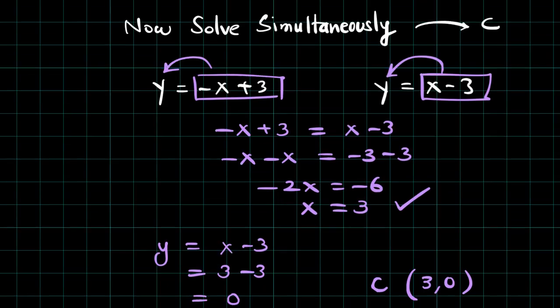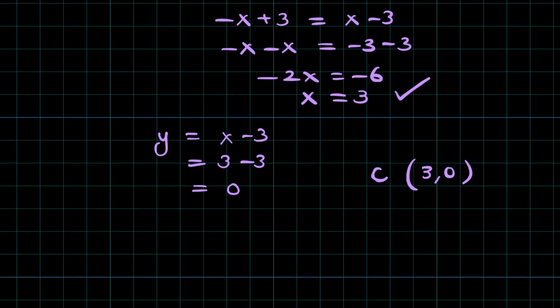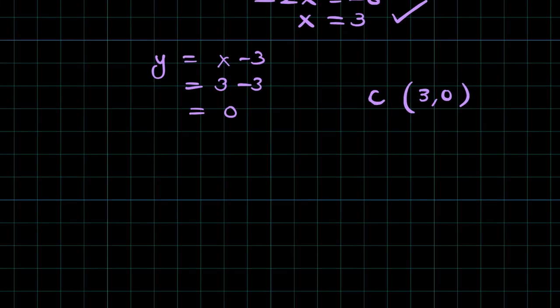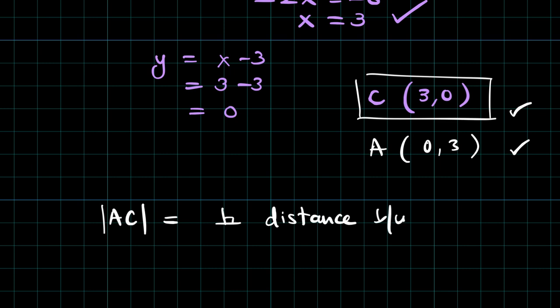That is why in such questions they say very specifically, find by calculation. So now we have found by calculation the coordinates of C. We already know the coordinates of A, which is (0, 3). That means if I find the distance AC, the distance between A and C, that is the perpendicular distance between parallel lines.